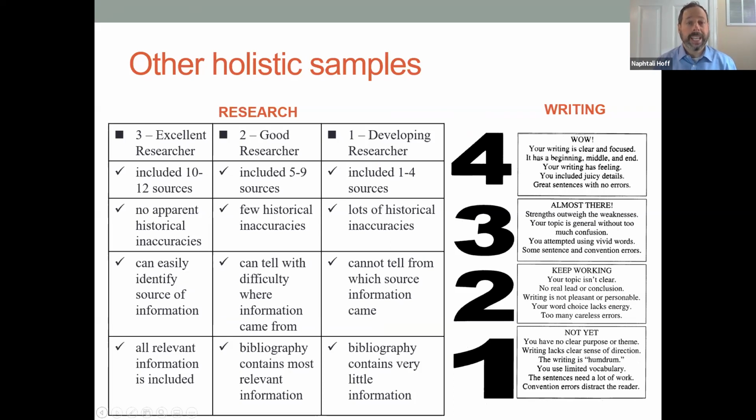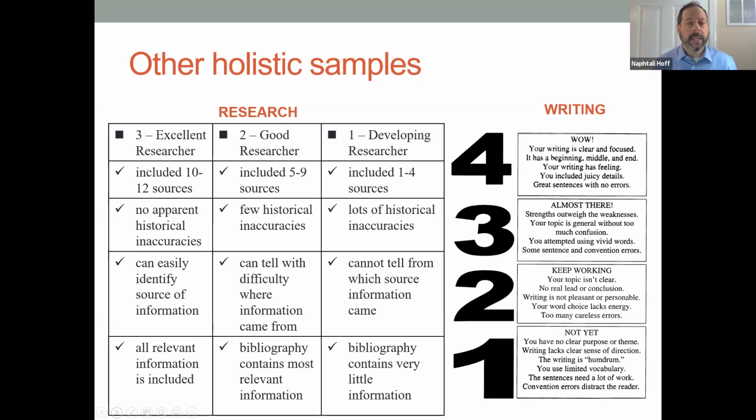The benefit of an analytic rubric is that I can actually select from different columns based on how a student performed and then add those up together to reach a total score. And it really focuses students on individual criteria or components.